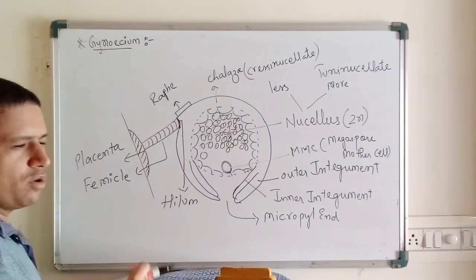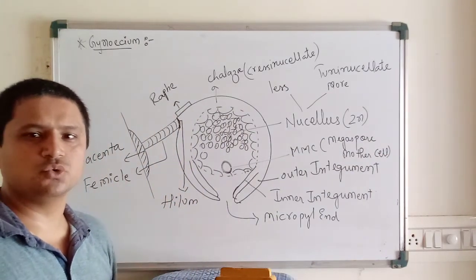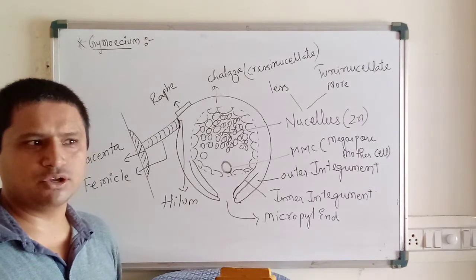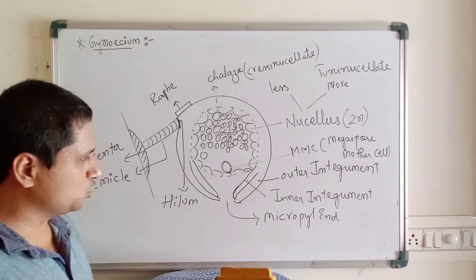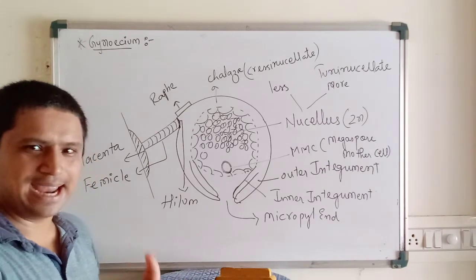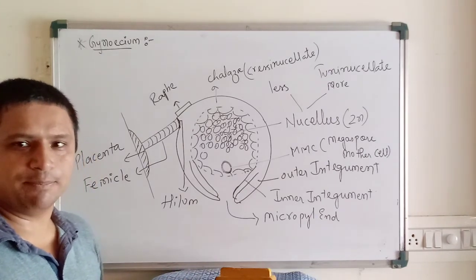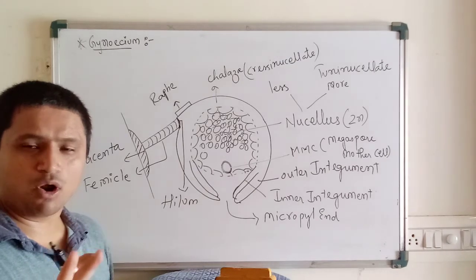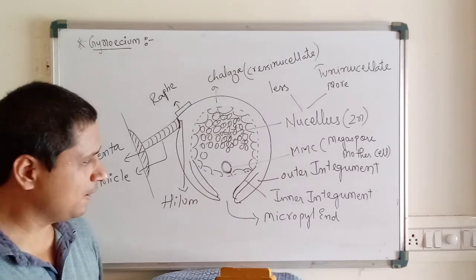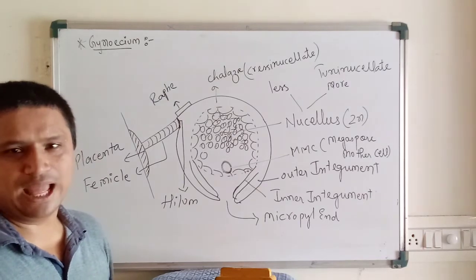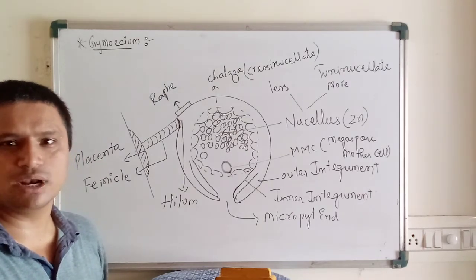This megaspore mother cell will undergo meiosis division. Out of the 4 megaspores of the tetrad produced, which we will discuss in the next lecture, children, 3 of them disintegrate and the one grows and undergoes nuclear division.